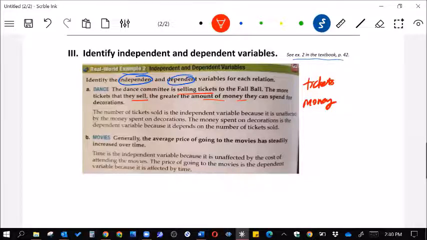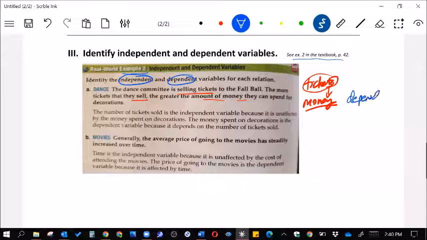So let's think about which one happens here. You're selling tickets. So when you get done selling tickets, then you have an amount of money. Let's think about which one depends on the other. Do the number of tickets depend upon the amount of money, or does the amount of money depend on the number of tickets? Common sense here says that the money depends upon the tickets.